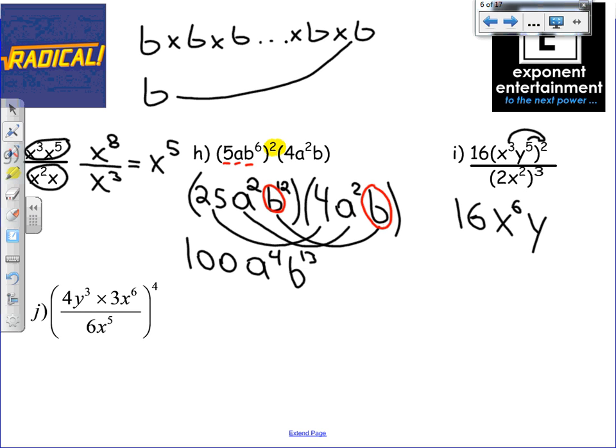On the bottom, what do we get? The 2 is now inside the bracket. So it's 2 to the power of 3, because this 2 is inside the bracket, so it needs to go there. 2 to the power of 3 times x to the power of what? 6.